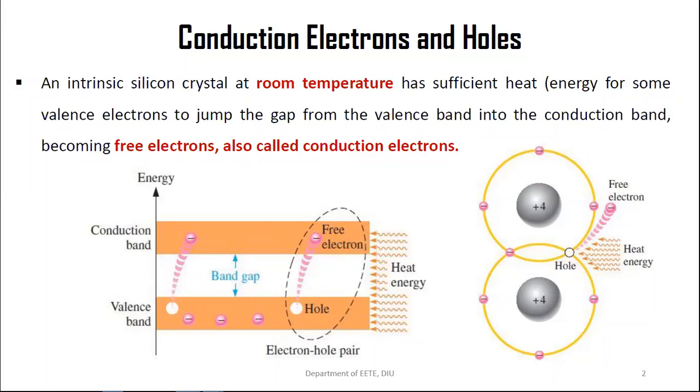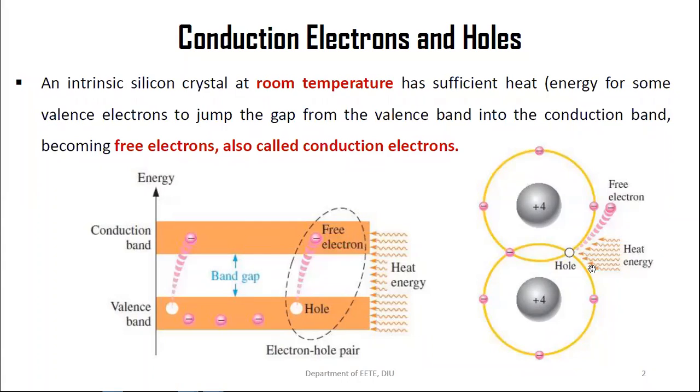The external process is the doping process we discussed in the last class. The internal process is at room temperature. When this heat goes to the silicon atoms, we all know that the covalent bond is not a strong bond, it is a weak bond.